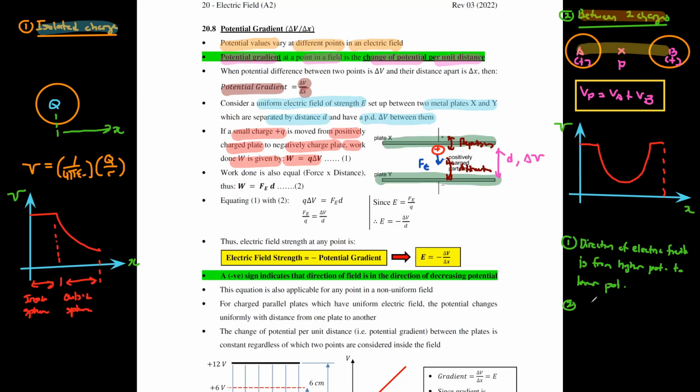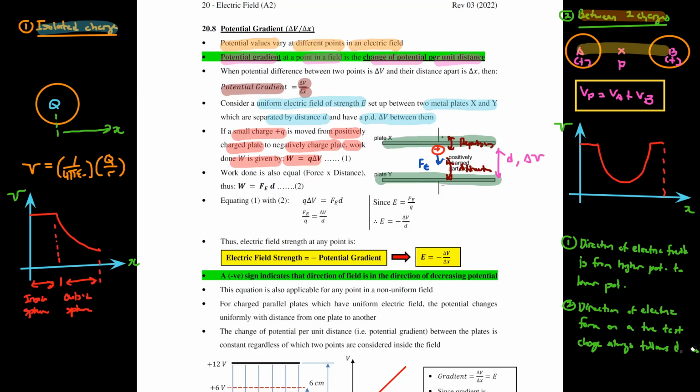And then after that, there's also something that I mentioned about the relation between direction of electric field and direction of force on the positive test charge. That one being that direction of electric force on a positive test charge always follows direction of the field.